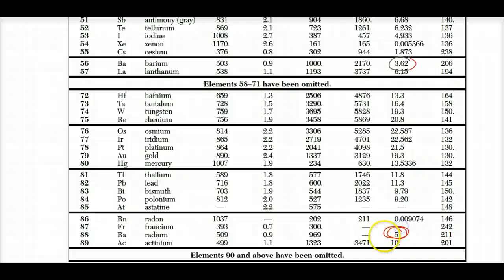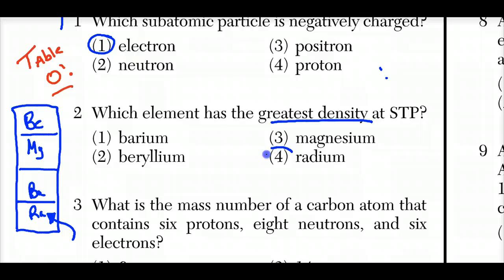So as we suspected, the element with the greatest density is the one with the greatest number of protons. Now that's not always going to work out, but certainly in a column of metals, that is a trend that we do see. Just to be sure, look it up in Table S. So radium is the most dense, so choice 4 is the answer.